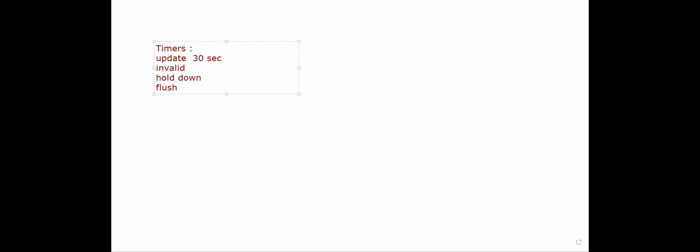Update timer is 30 seconds. Like each router will send information to another router after 30 seconds. So invalid timer is 180 seconds, same as hold down, which is 180 seconds. Because if a router is not sending updates after 30 seconds, another router will wait for 180 seconds.